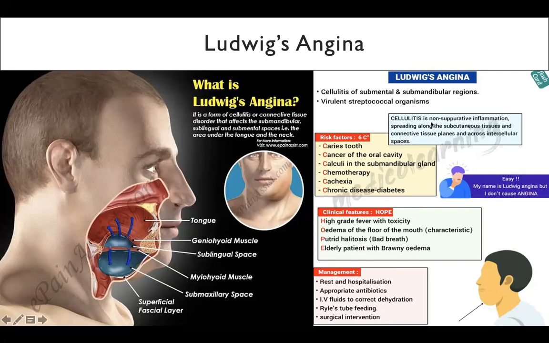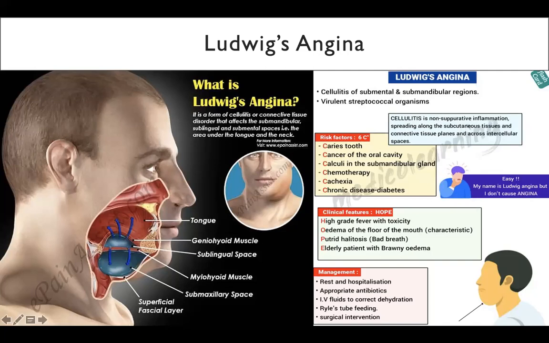So cellulitis is one of the superficial infections, a non-suppurative inflammation. So cellulitis is superficial, non-suppurative, no pus inflammation. Because it is inflammation, it is non-suppurative, no pus, and is superficial, spreading along the subcutaneous tissue, because under the skin, subcutaneous. What is cutaneous?